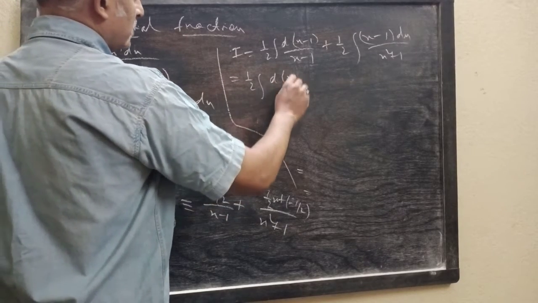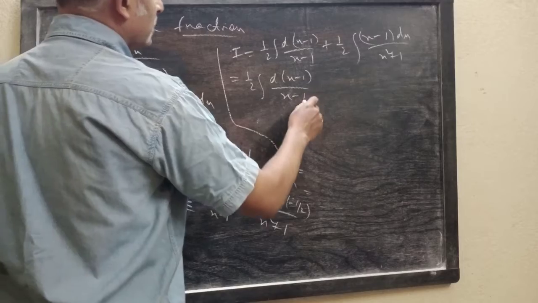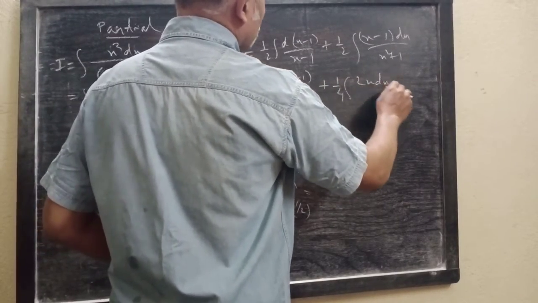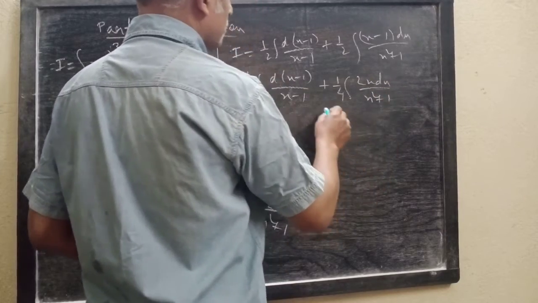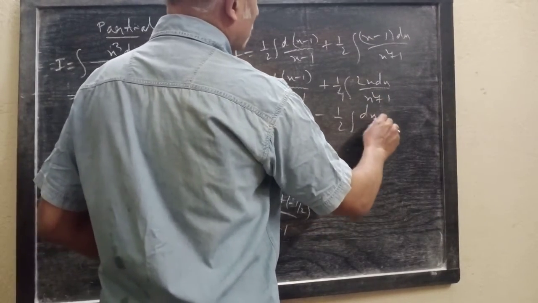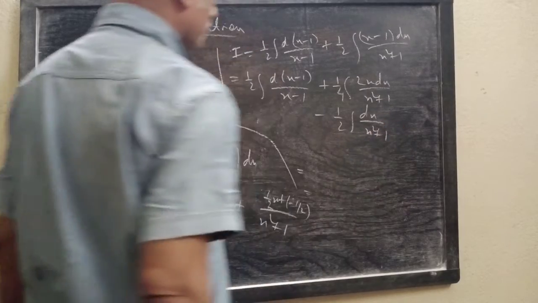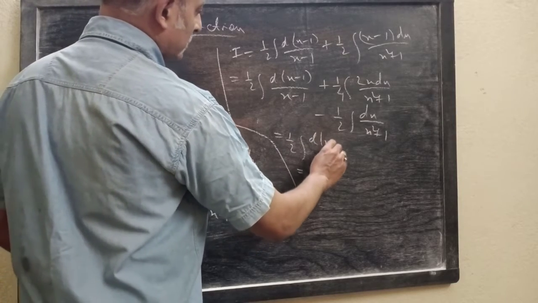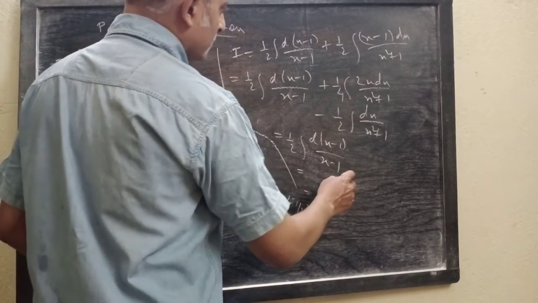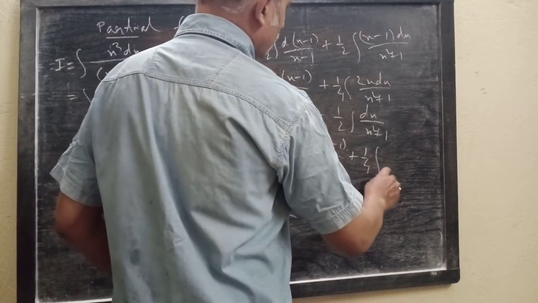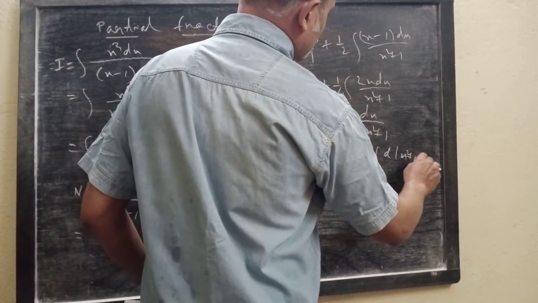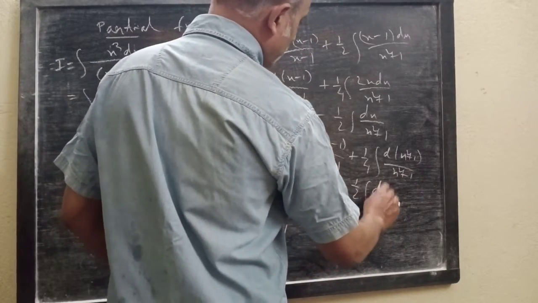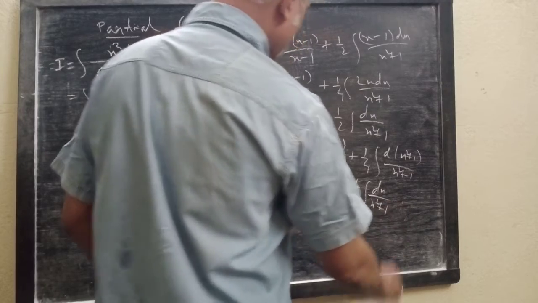That is half integration d of x minus 1 by x minus 1, plus 1 by 4 integration 2x dx by x square plus 1, minus half integration dx by x square plus 1. That is half integration d of x minus 1 by x minus 1, plus 1 by 4 integration d of x square plus 1 by x square plus 1, minus half integration dx by x square plus 1.